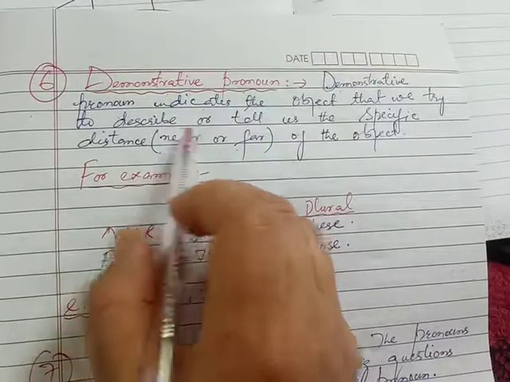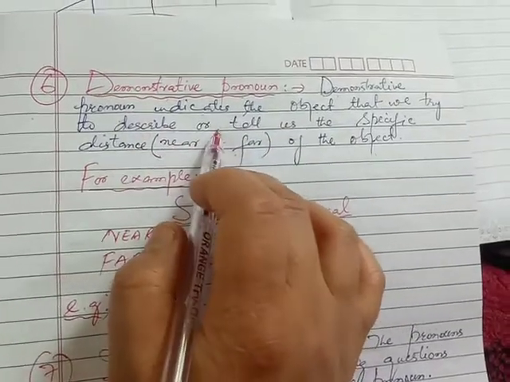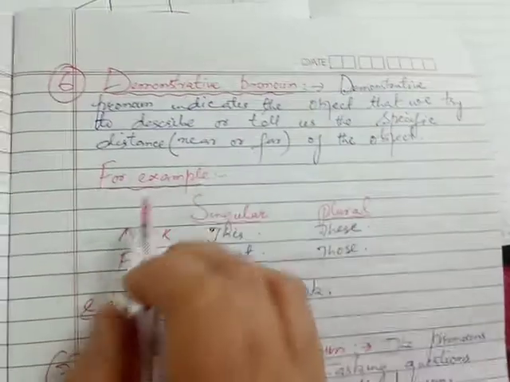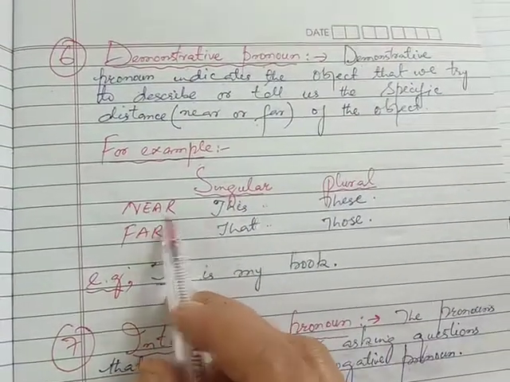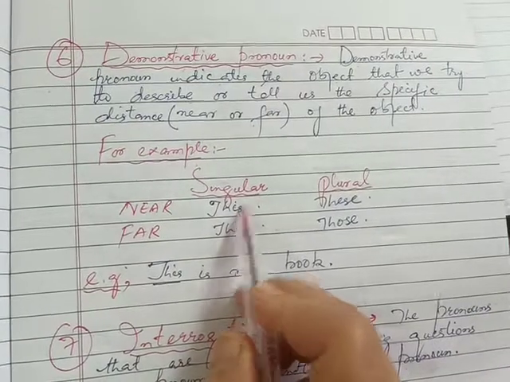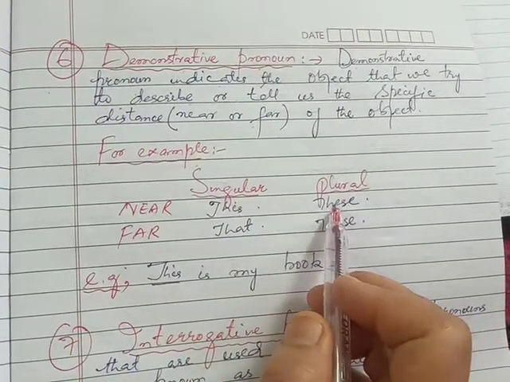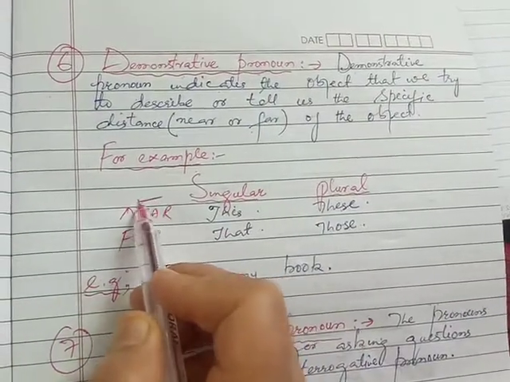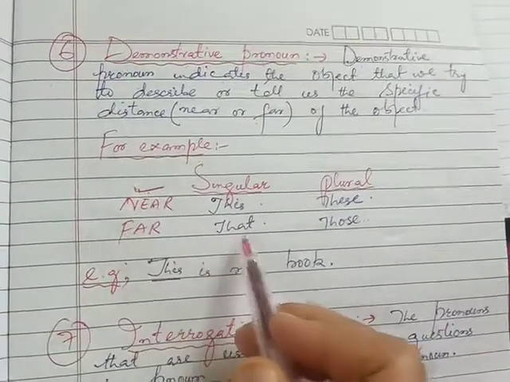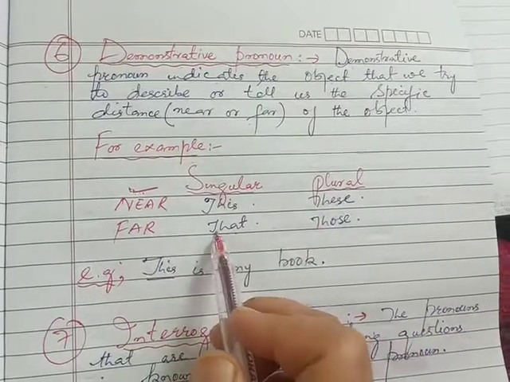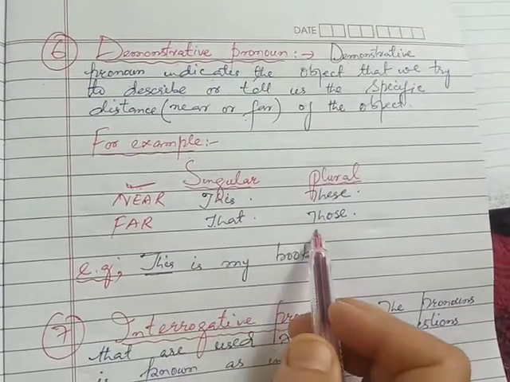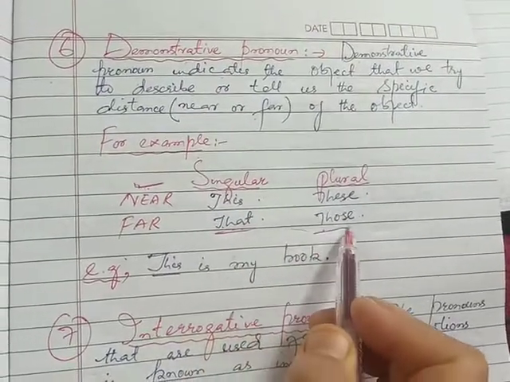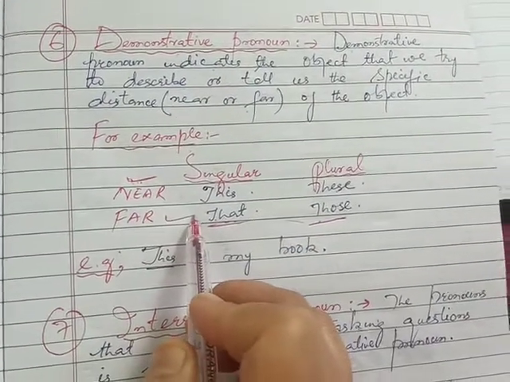For example, this is singular and these is plural; this and these are used for the objects that are near to us. That is singular and those is plural; that and those are used for the objects that are far from us.